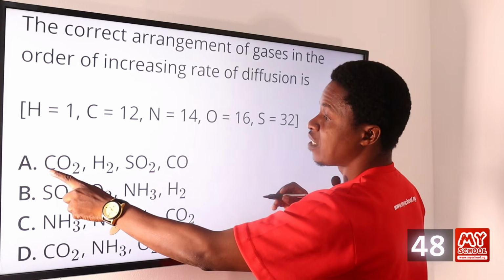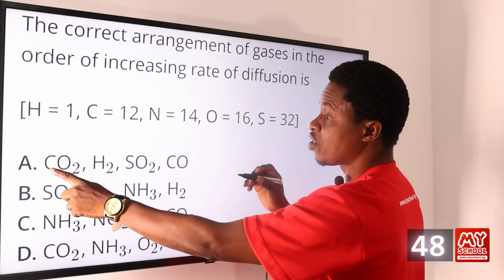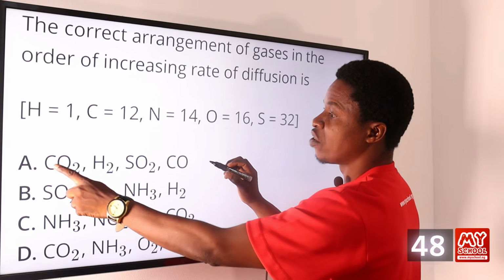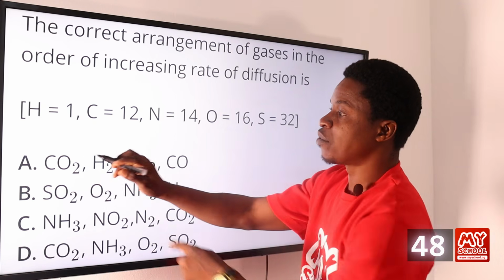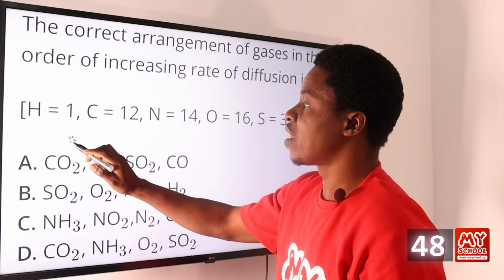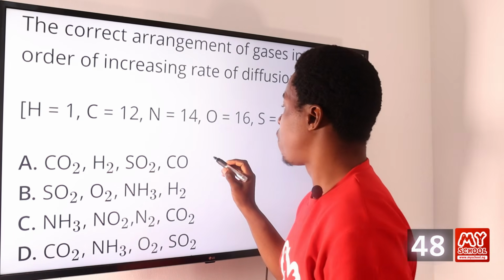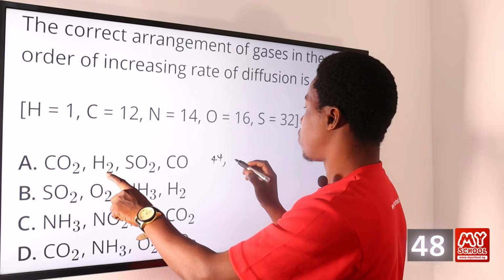We have carbon dioxide. Of course, I believe you can calculate these numbers by now. Carbon is 12, plus oxygen, 16 times 2, is 32. 32 plus 12, that's 44. So here is 44. Then hydrogen is 1 times 2, that is 2.